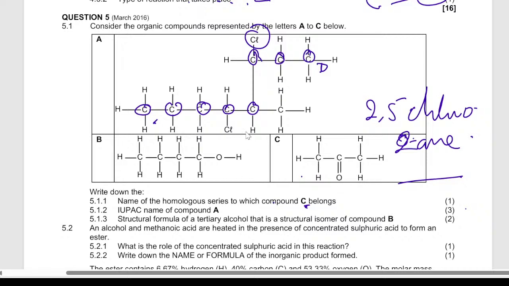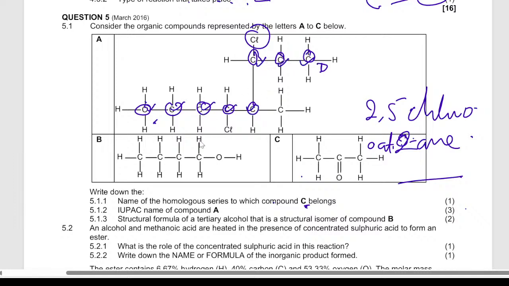Okay, let's find out. So this is the longest chain. It's octane. Yeah, oct, like this. And they're saying 1, 2, 3, 4, 5, 6, 7, 8.